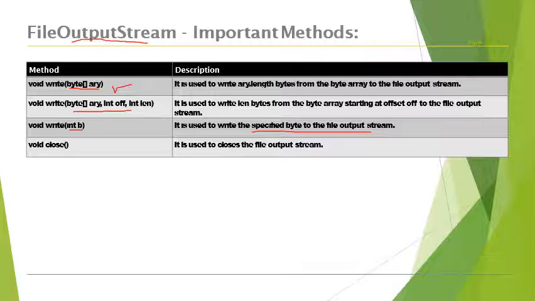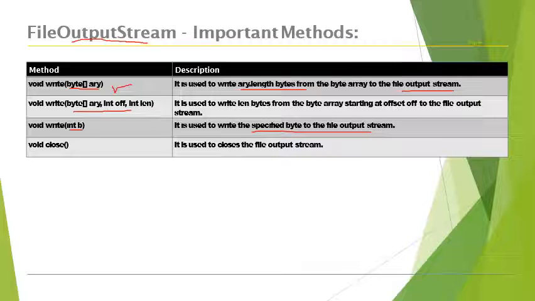In the case of a byte array, we can write array.length bytes to the file output stream. That is, the entire byte array can be written into the file output stream.